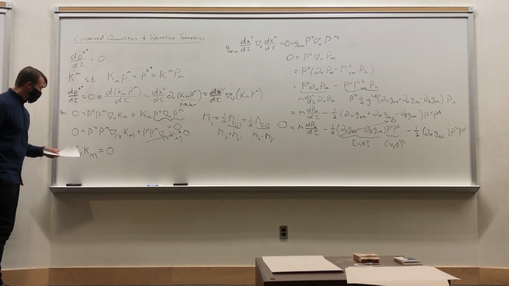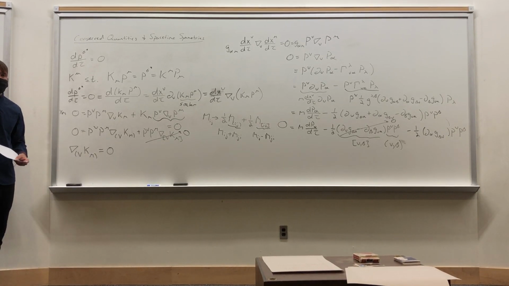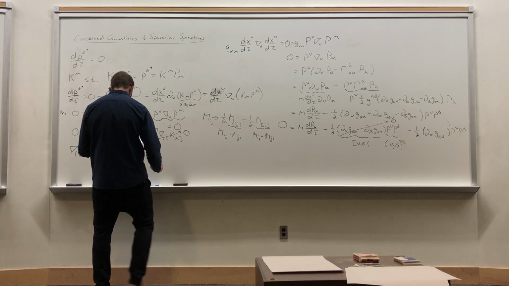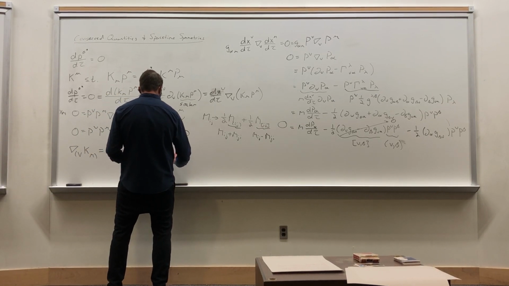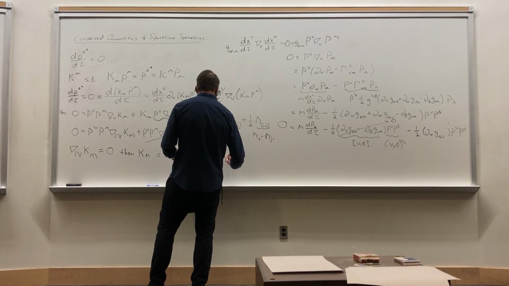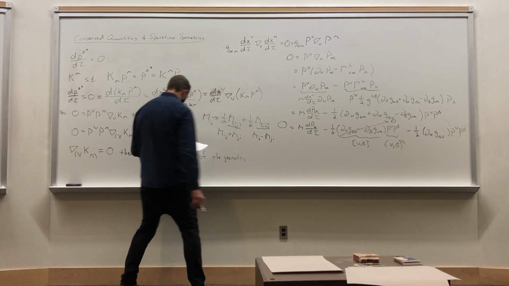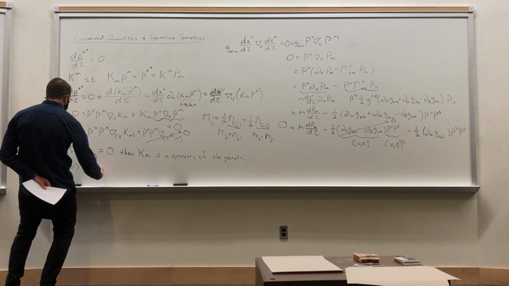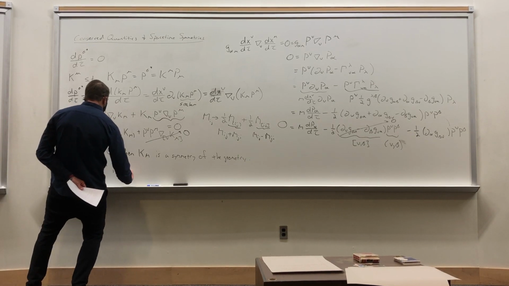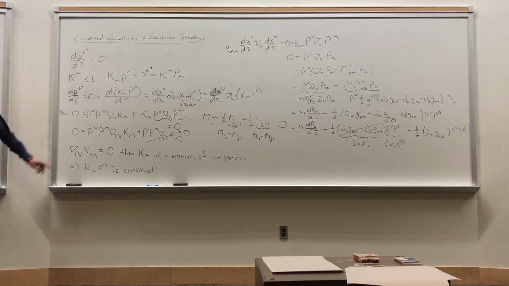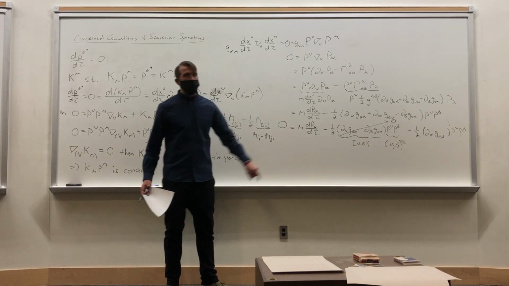So if the covariant derivative of the k_μ vector symmetrized over the indices equals 0, then k^μ is a symmetry of the geometry. Okay? And k^μ p_μ is conserved. Now, why is this way more powerful than this story?